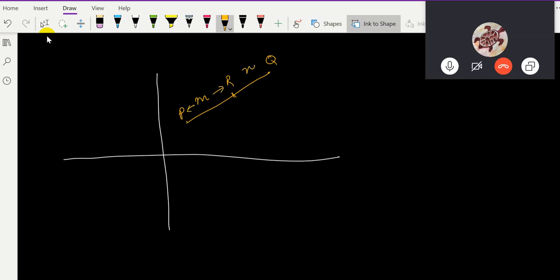That means this distance is to this distance in the ratio of m is to n. I'm given the points (2, 3) and (5, 7), let's say, and I'm asked to find the coordinates of this point. Again, we will use the coordinates. This is 7. I don't know this point, so I will call it (x, y). So this will be x and this would be 2.